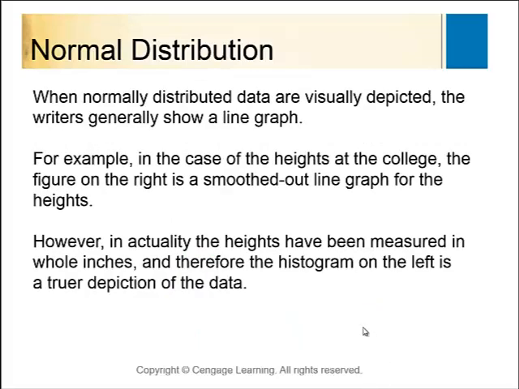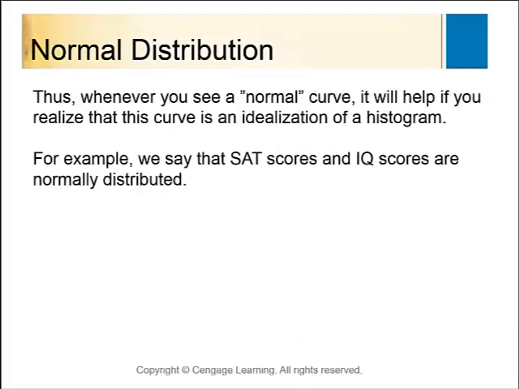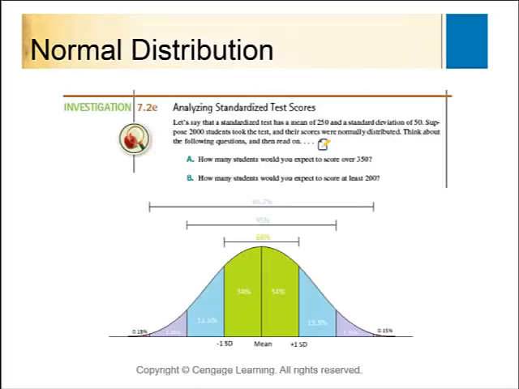So while we were looking at that, even though our heights were measured in inches, and this was the actual picture, we could see that if we smooth that out, and we didn't just block it off in inches, we did half inches and quarter inches, this blockiness here would get smoother and smoother. Now, IQ scores, all kinds of testing scores, all of these are based on a standard normal. So let's look at what this standard normal means.